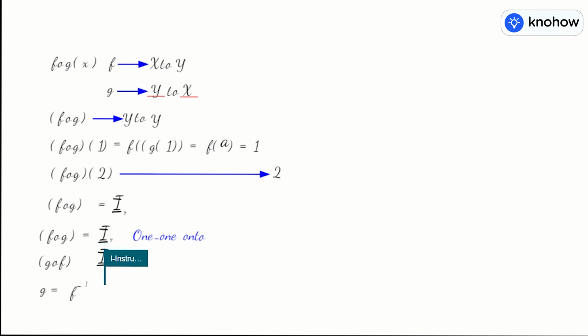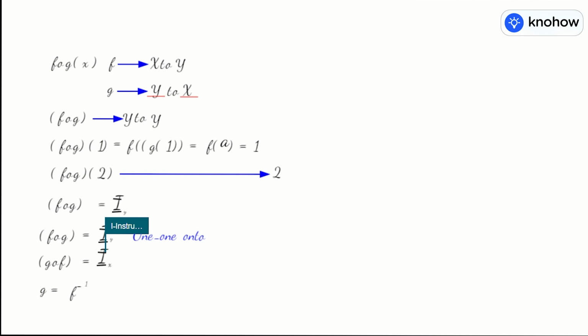If I repeat, if GOF is Ix, that means to each element x it gives back the same element, and FOG on y gives back y itself. In that case we say that the function f is invertible and g is said to be f inverse. So what is the condition for a function to be invertible? That there should exist another function g such that GOF is Ix and FOG is Iy.